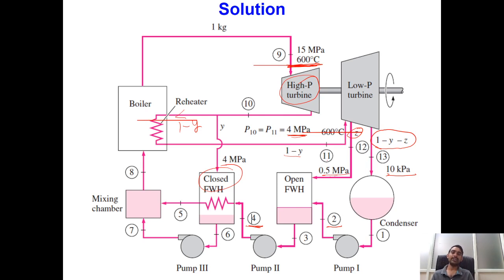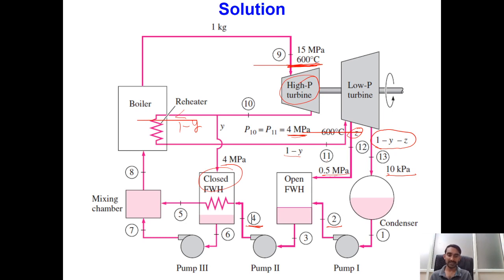Its corresponding TS diagram I have already plotted. This is the most complex combination I have included here. If you are able to clearly understand this typical configuration, then whatever individual closed feed water heater, open feed water heater, or reheating questions you get, you will be able to solve easily. Okay, so this is the schematic representation.